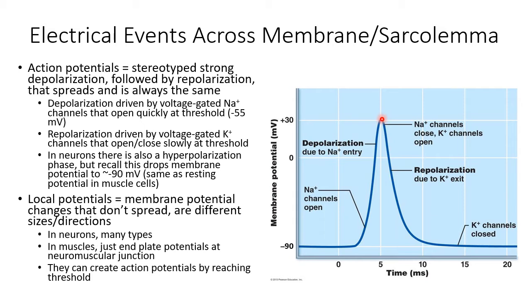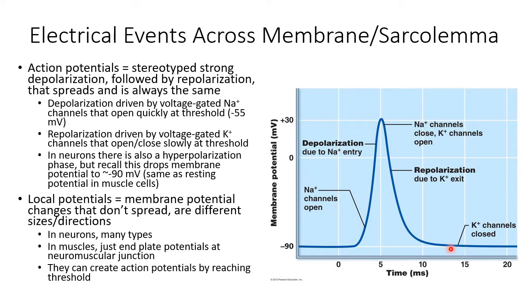Then your potassium will start leaving the cell through those channels. That means that positive charges are leaving the cell. That means that the inside becomes more negative. Less positive is more negative. So that gives you the repolarization phase of the action potential. Around negative 55 millivolts, the potassium channels will be triggered to close again, but they're slow to close, so you'll still have potassium leaving the cell and the membrane potential dropping more and more negative until they actually finally close at the end of the repolarization phase.